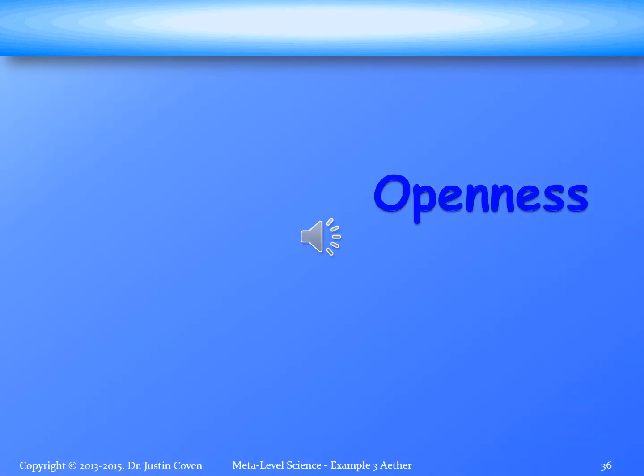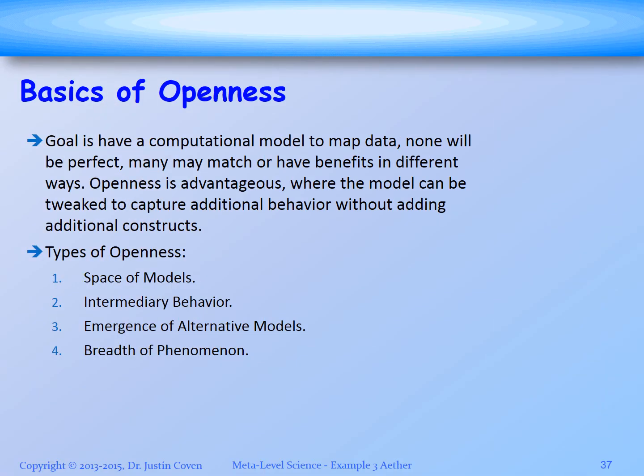Openness. We will be looking at a large set of examples here, so this section will be broken up into different parts. Basics of openness. The goal is to have a computational model to map data. None will be perfect. Many may match or have benefits in different ways.